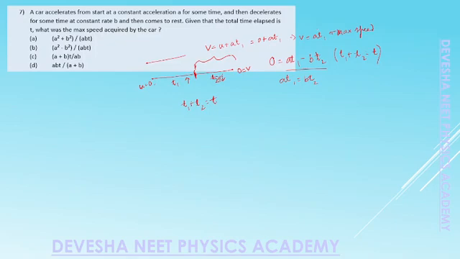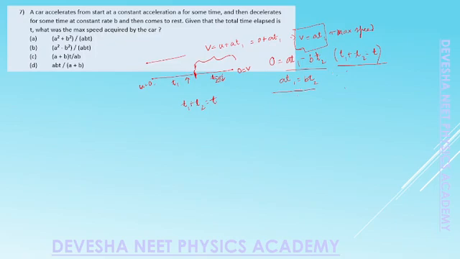Now we need to find the maximum velocity, which is a into t1. This is what we need to find here. So we know that a t1 is equal to b t2, and we also know that t1 plus t2 is equal to t. So let's bring everything in the form of t1.